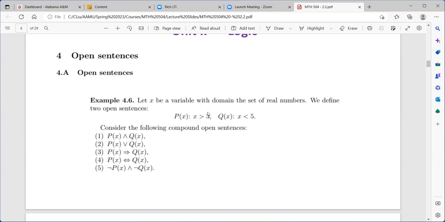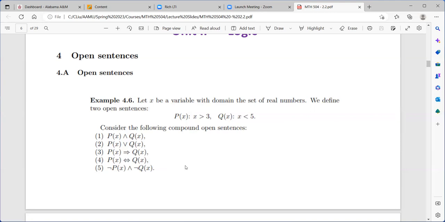Just take the negation of x greater than 3. So x less than or equal to 3, and then you have to intersect with the negation of q, which is x greater than or equal to 5. So you intersect x less than or equal to 3 and x greater than or equal to 5, and you don't have any intersection between those two intervals or sets.